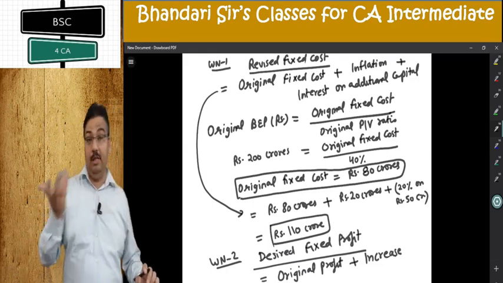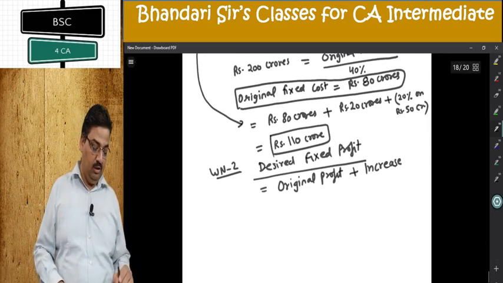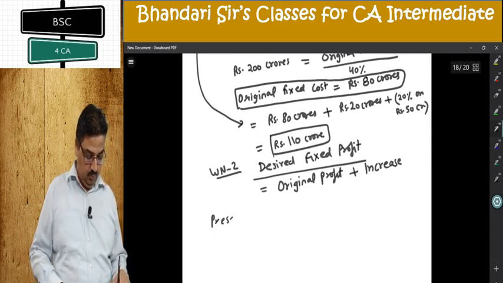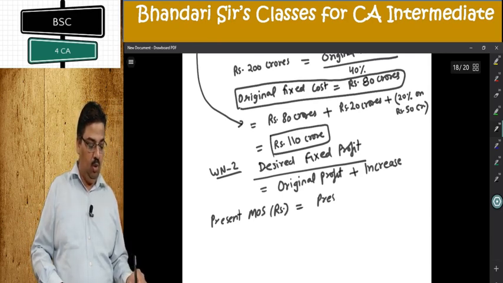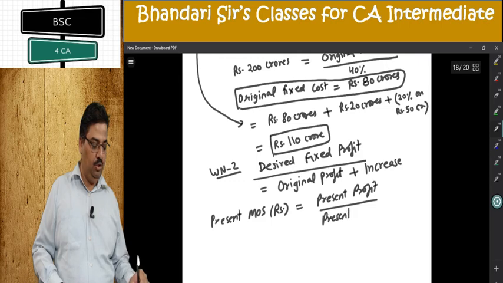From where to get present profit? MOS formula. Present MOS in rupees is equal to present profit divided by present PV ratio.